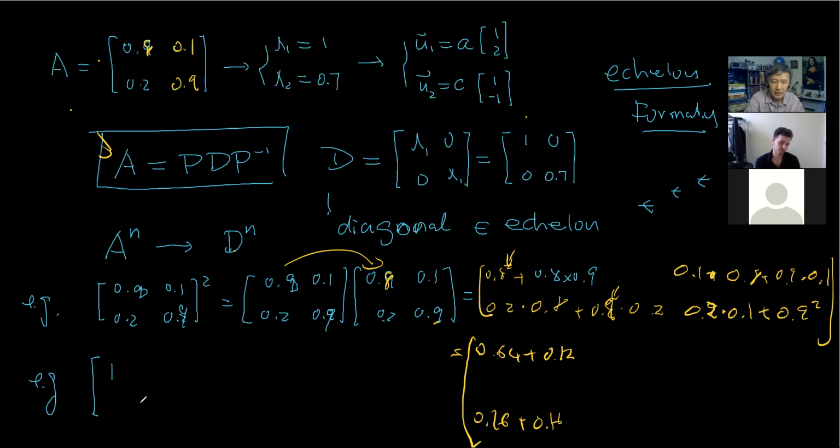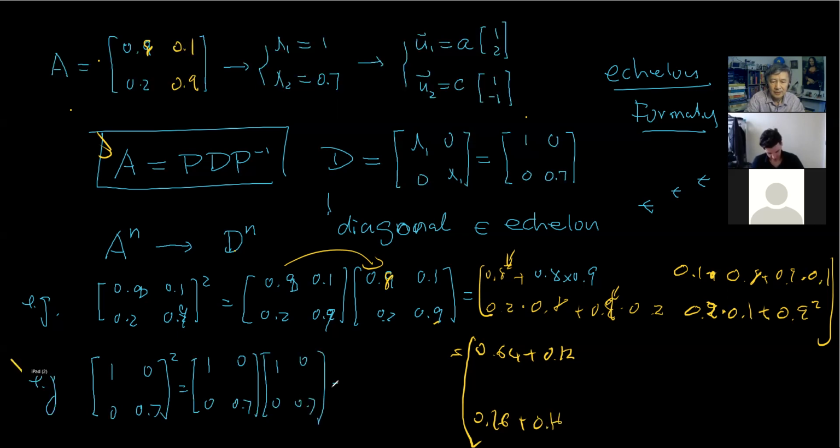So that is 1 and 0.7. Can you work out this product? So it's 1, 0, 0, and 0.7. Yes, absolutely. It's just one step instead of many.